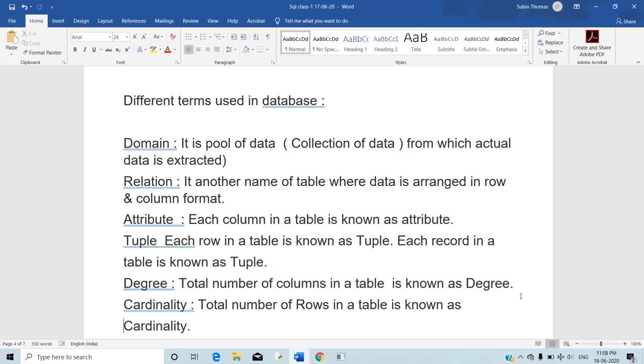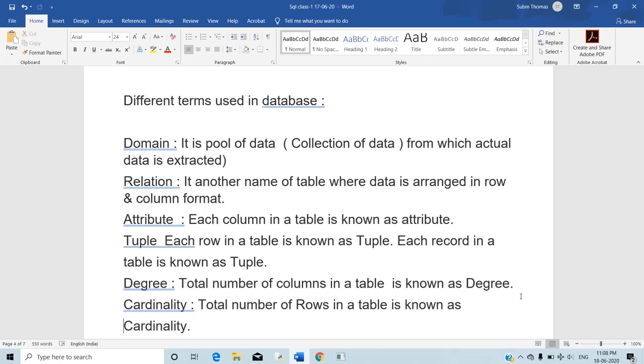Relation means where you are storing the data in the form of rows and columns. Third one is attribute. Attribute means each column in a table is known as an attribute. Next one is tuple.